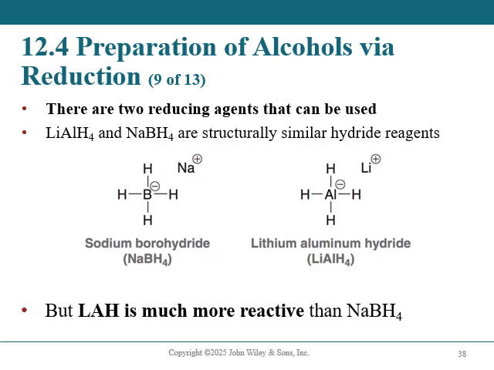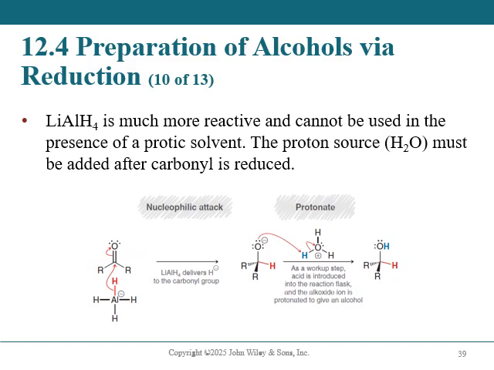Lithium aluminum hydride and sodium borohydride are structurally similar hydride agents. They both do the same thing, right? They provide that hydride and then allow for the protic solvent to add the second proton. But lithium aluminum hydride is much more reactive than sodium borohydride. It cannot be used in the presence of protic solvent.